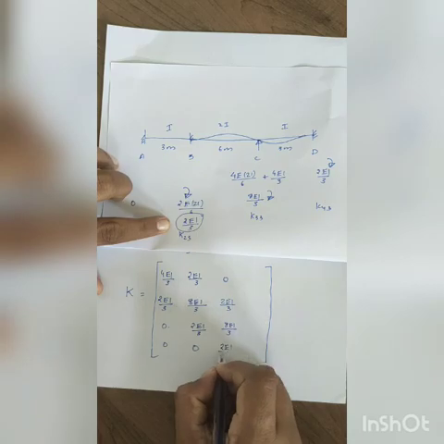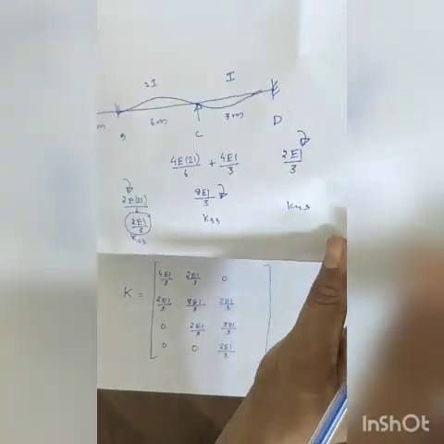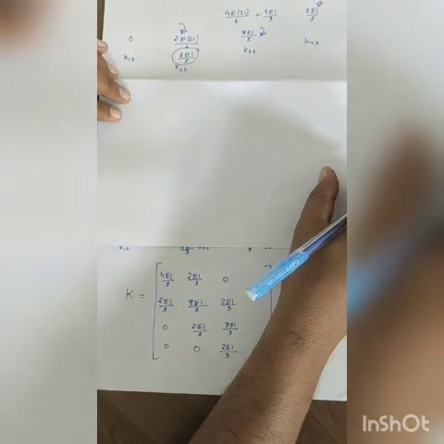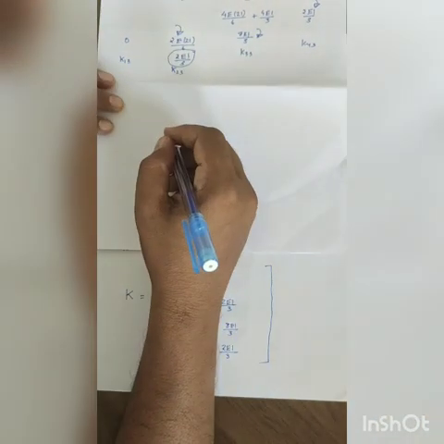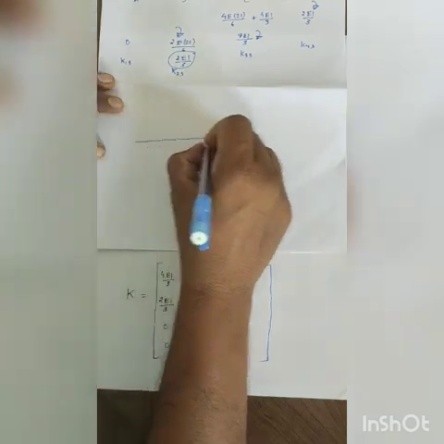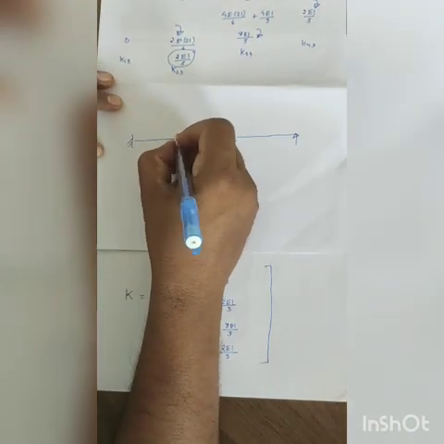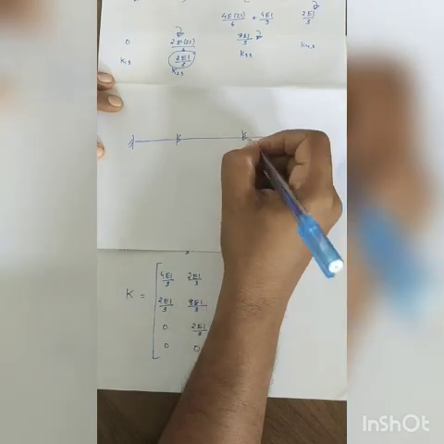So this is the third column of the structure stiffness matrix. Now I have the fourth column to fill. In order to fill the fourth column, you have to apply a unit moment at the fourth ordinate, and keep the others fixed.